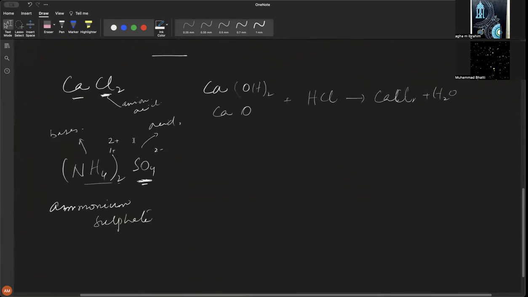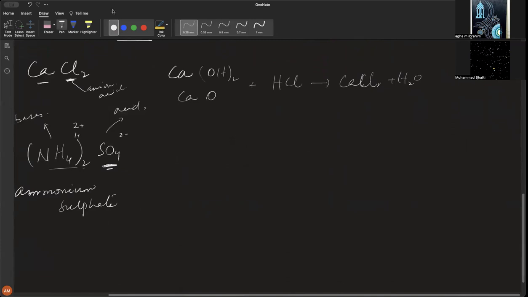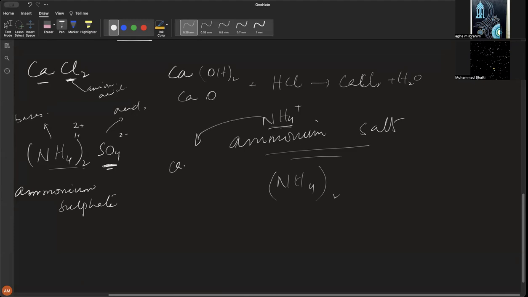This is what we were looking at with the ammonium salts, because ammonium salts are a type of salts. What are ammonium salts? Some examples are ammonium sulfates. We need to know that the ammonium ion is NH4 plus, so it always forms a cation in a salt.